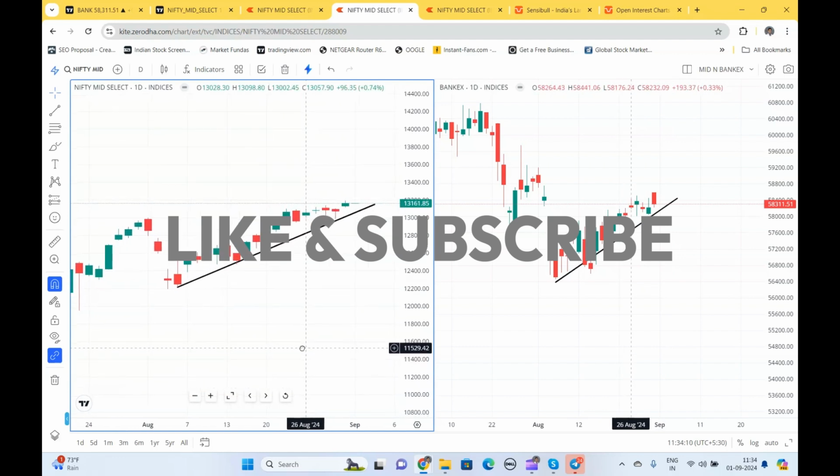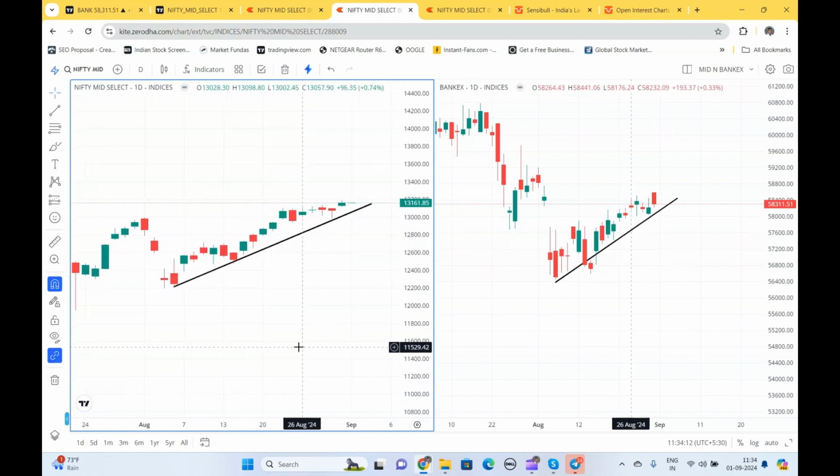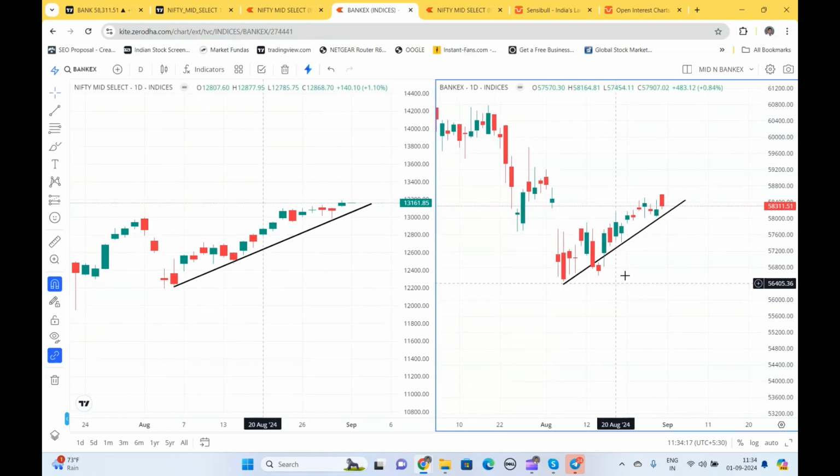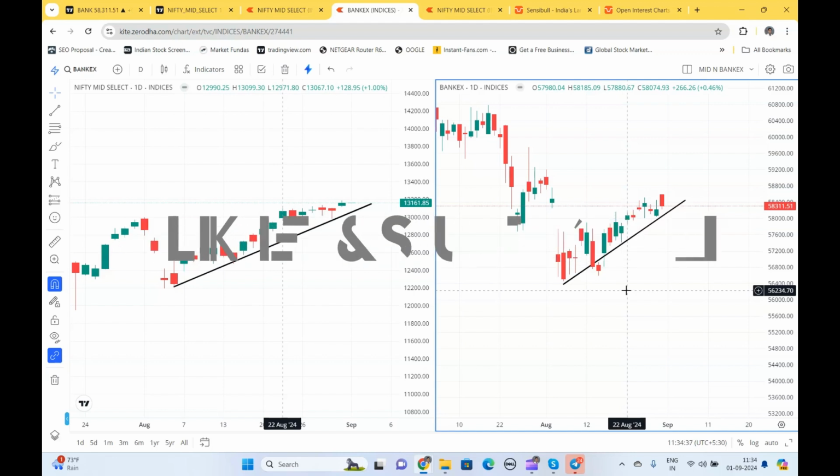So I've covered both Mid Cap Nifty and BANKEX. They have a trend line. Look at the trend line. If this trend line breaches, only then go short. Otherwise, do not go short. The market is buy or sell on rise, and now the market is not sell on rise.